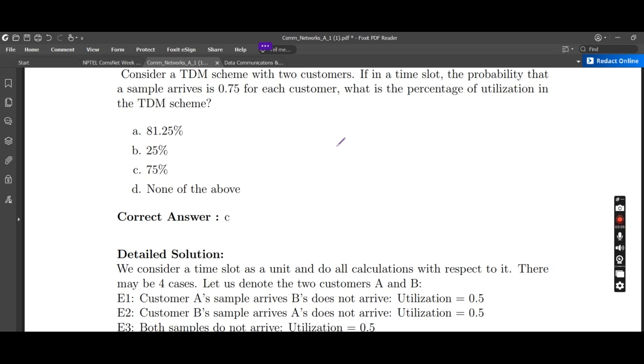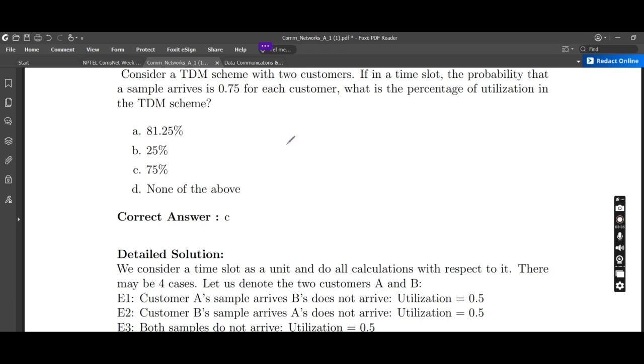So in a particular time slot there can be 4 cases, right? What are these 4 cases? A's packet arrives, B's doesn't. A's packet arrives, B's packet arrives. A's packet does not arrive, B's packet arrives, and none of their packets arrive. So out of these 4 cases, which case will be considered as utilization and which not?